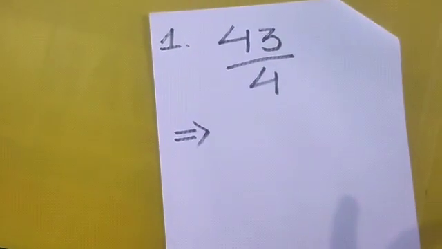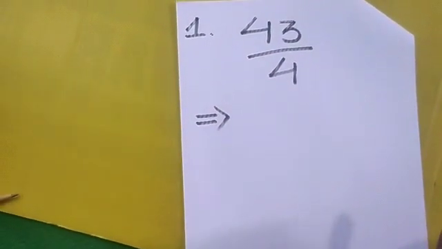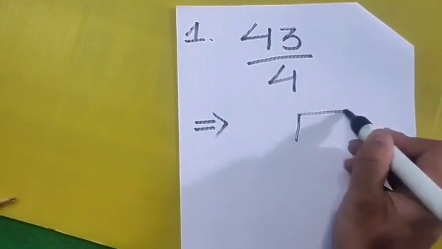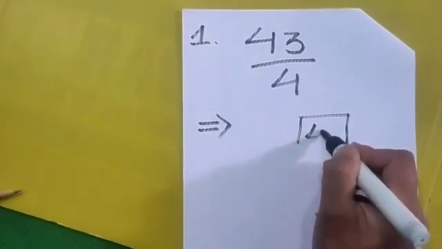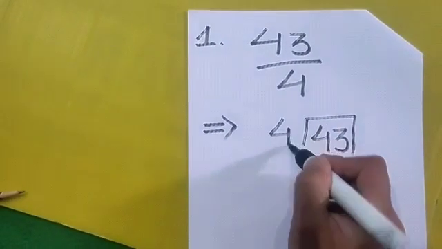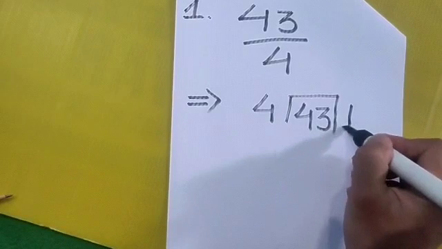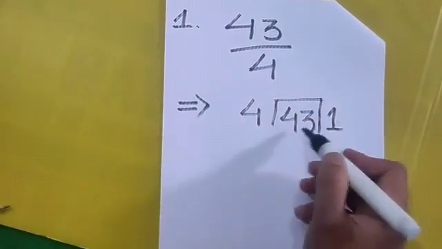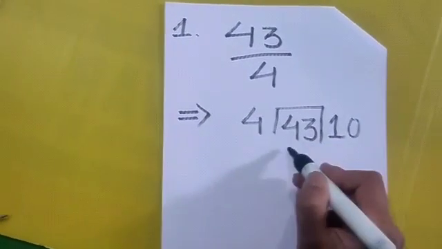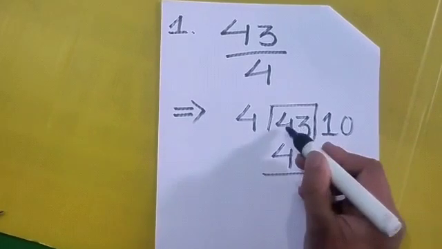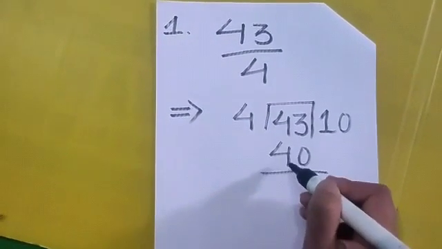To convert a fraction into mixed fraction, we divide the numerator with the denominator, that is 4. 4 times 10 is 40, 4 times 11 is 44, which is greater than dividend, so I have written 40 here.